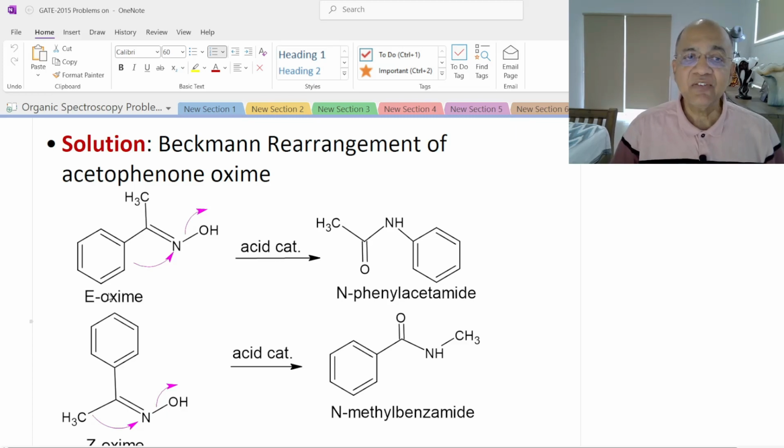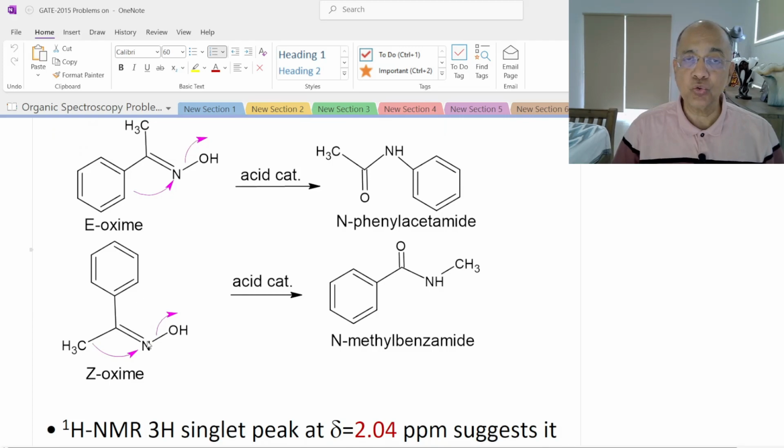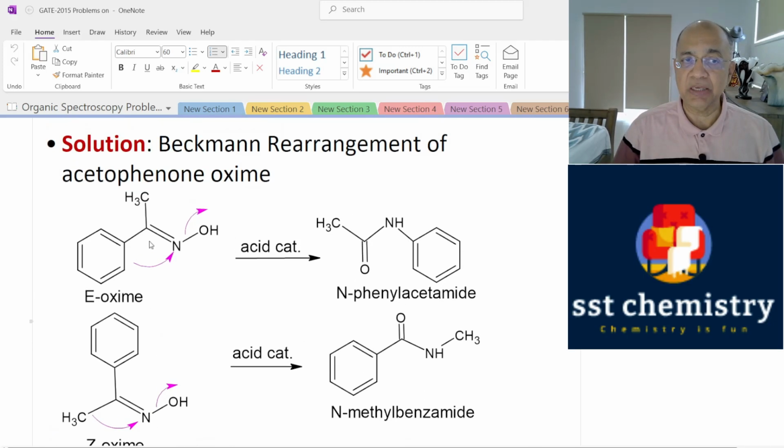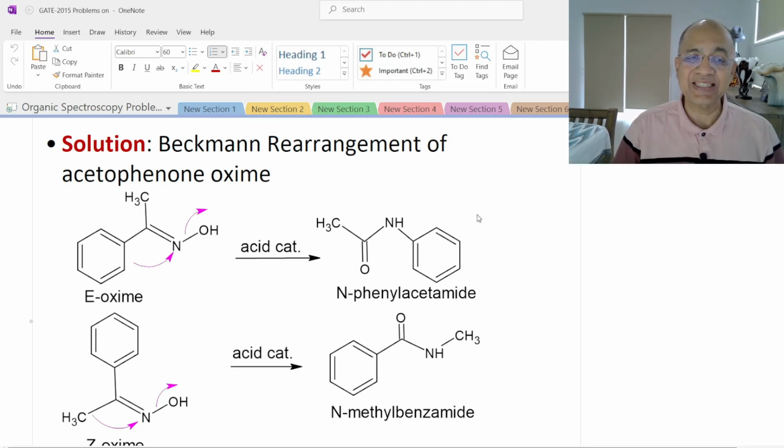The key for this rearrangement is the transmigration, and there are 2 geometrical isomers, E and Z. If you take the E oxime, these two are opposite, and perform the Beckmann rearrangement, the phenyl will migrate and you will get N-phenyl acetamide, or acetanilide.